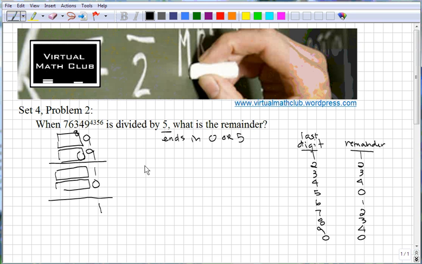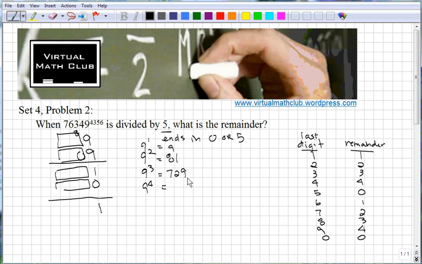All right, and let's look at the powers of 9. 9 to the first power is just 9. 9 squared is 81. 9 cubed is 729. 9 to the fourth is what?